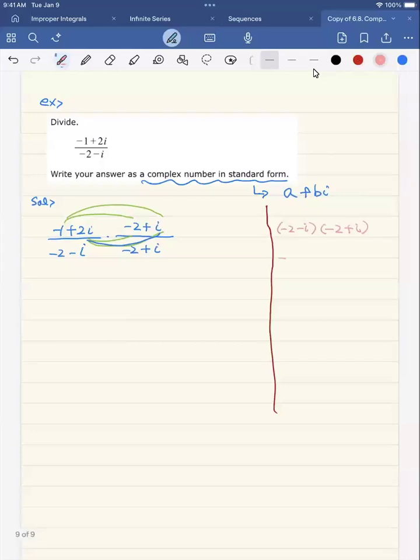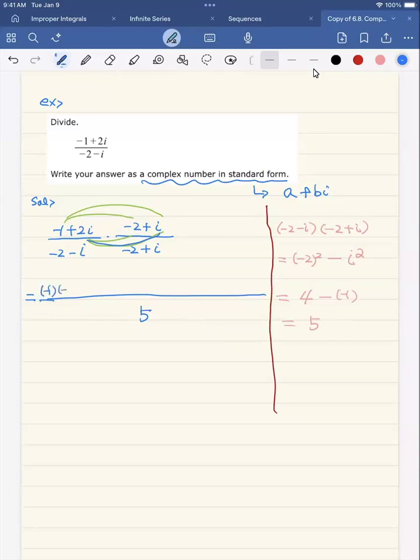Then we know that is minus 2 squared minus i squared. So that is 4 minus minus 1, which is 5. So denominator became 5. And numerator, we calculate by FOIL.